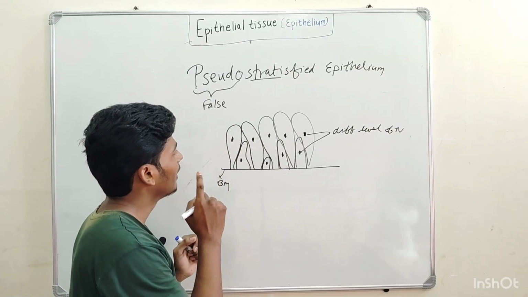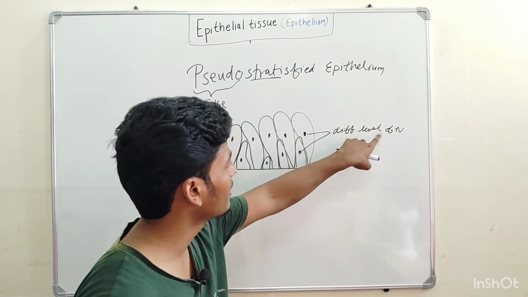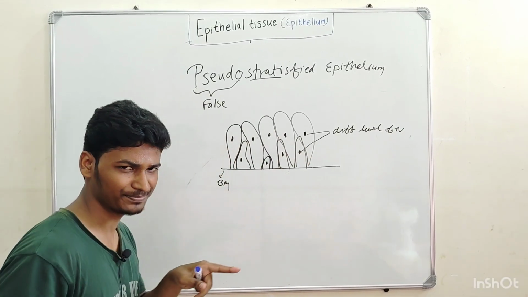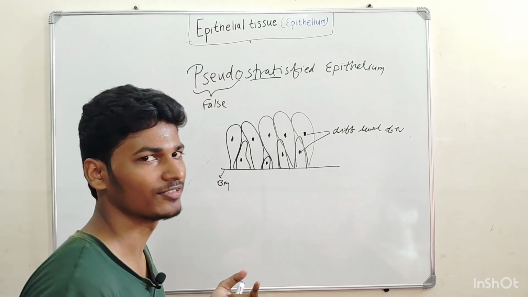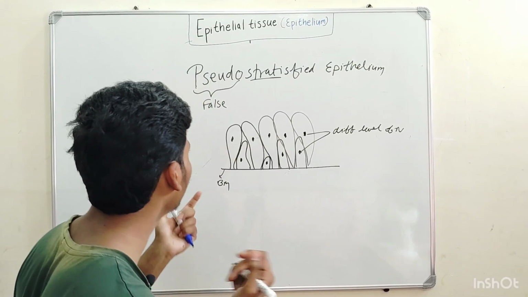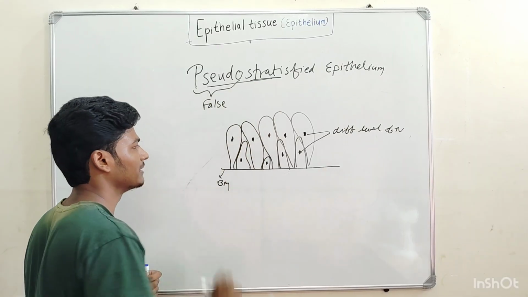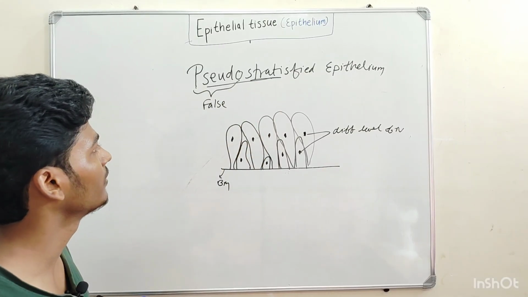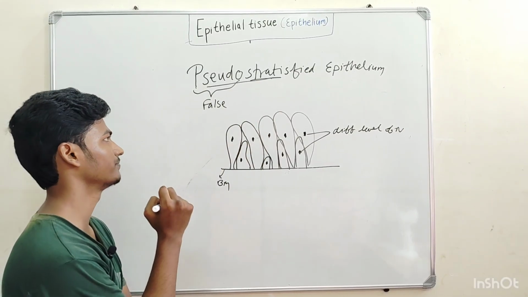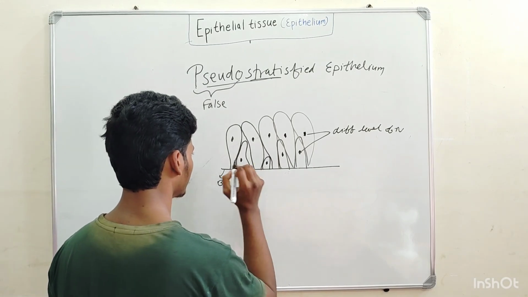Because of the different levels of nuclei, it gives a false appearance of multi-layering, and that's why it is called pseudo stratified epithelium.